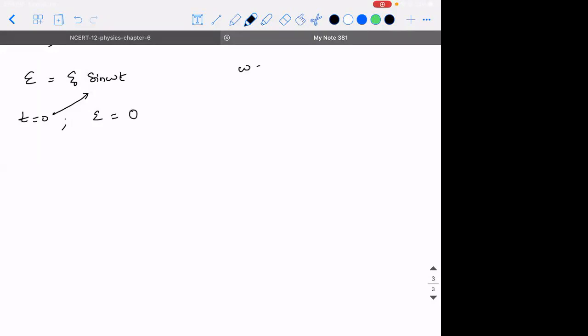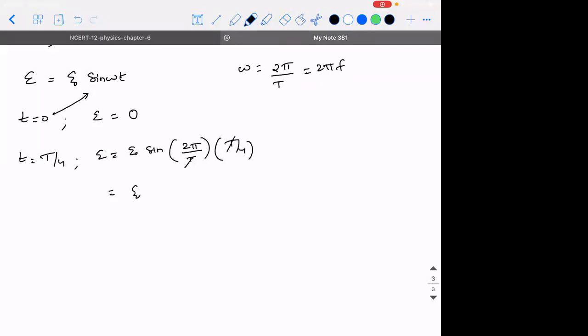And we have to remember that omega is equal to 2 pi divided by capital T. We already know this because omega is equal to 2 pi f, and f can be written as 1 by T. This we have discussed many times. Now take t equal to capital T by 4. Then E will be equal to E naught into sine of omega, which is 2 pi by capital T, into T by 4. T and T will get cancelled. It will be E naught sine of pi by 2, which will be E naught.